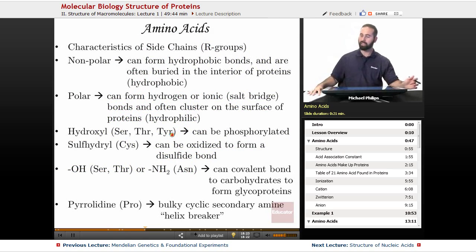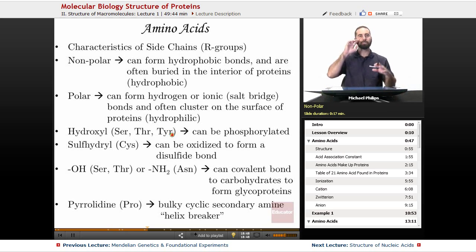Now, it's important that we know the side chains of all of our amino acids because they basically tell us what types of reactions these amino acids are going to take part in. So, the characteristics of our side chains, our R groups, if they're nonpolar, can form hydrophobic bonds, right?